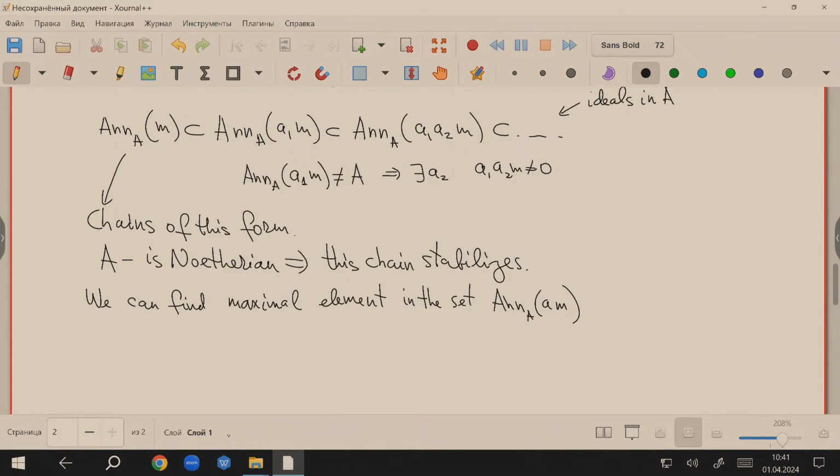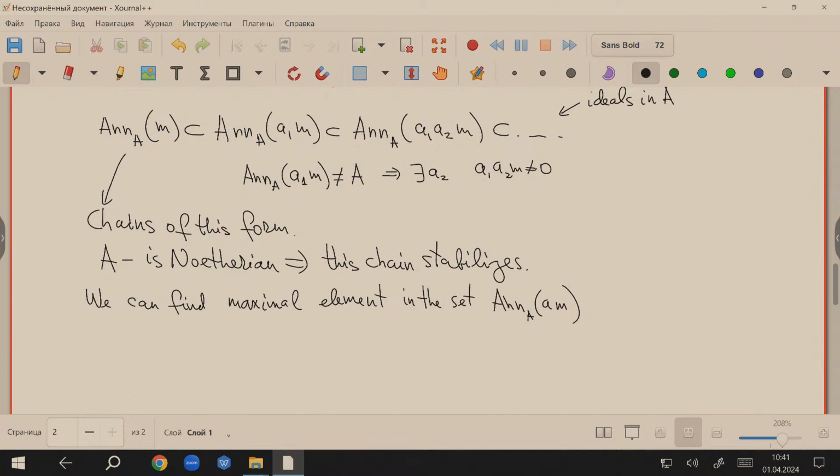Unless we can find a new element giving a larger annihilator, the last element, where the chain starts stabilizing, is the largest, the maximal element.